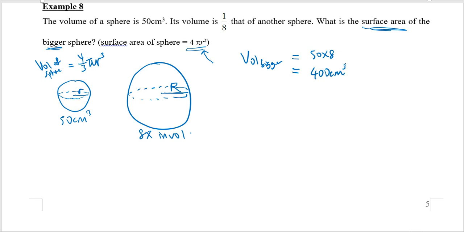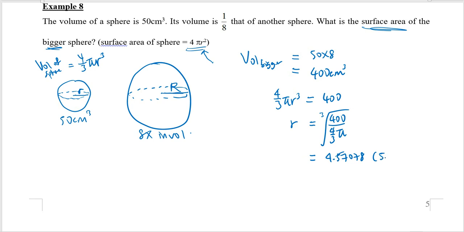So this 400 cm cube, I can equate it to the volume formula and work backwards to find the radius. To find the radius, let's bring the constant 4/3 pi over and do a cube root. If you calculate this on the calculator, you're going to get 4.57078. I'm giving it a little bit more accuracy by leaving it to 5 decimal places, because this is not the final answer.